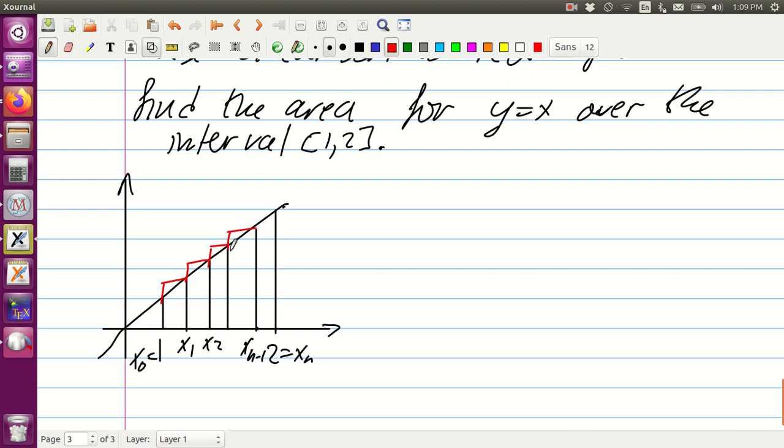So on each subinterval, we're going to take the maximum, so it's going to be something like this. All right, so the next step is to define delta x, and it's always b minus a over n, so 2 minus 1 over n, so it's 1 over n.